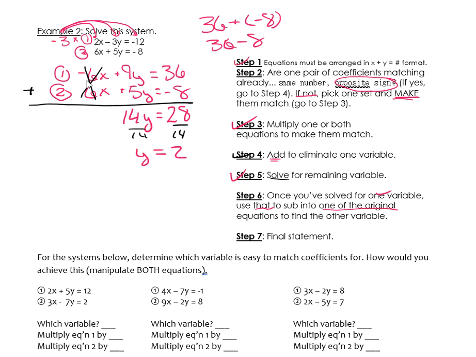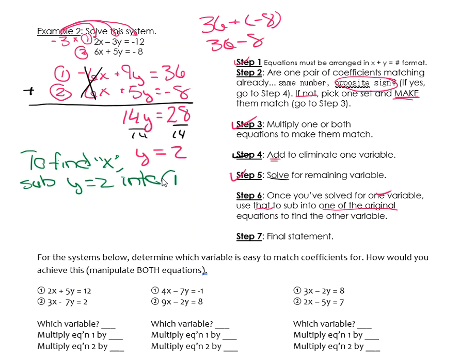You usually pick the one with smaller numbers, but it doesn't really matter. I'm going to pick equation 1. Now I'm looking for x. To find x, because I already found y, we sub y equals 2 into whatever equation you want.